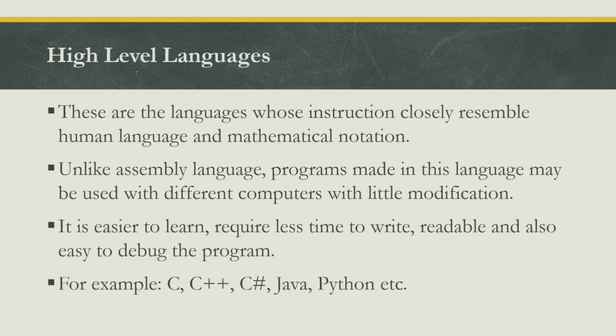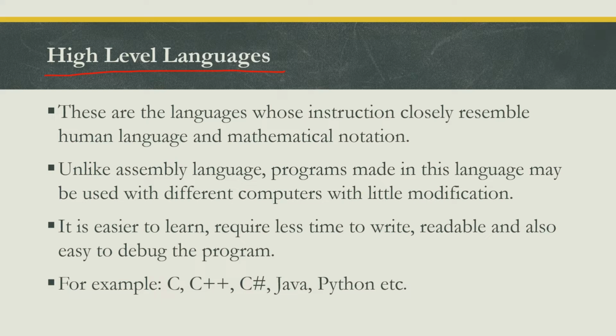Our next language is high level language, right? If I talk about the middle level language, the mnemonics of the processor were also very difficult to remember, so a simple computer language was needed for the developer. And this simple language was a higher level language.